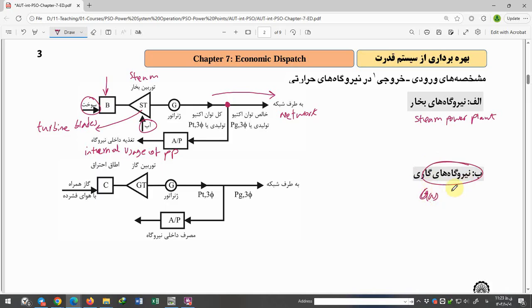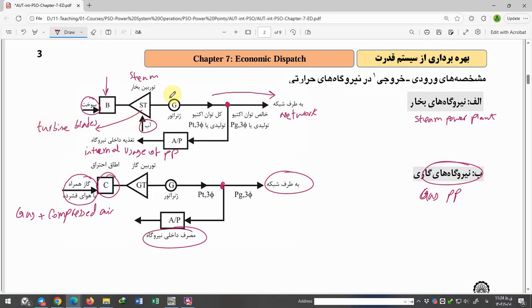In a gas power plant, the gas with compressed air in the combustion part makes the turbine turn, and after that the generator generates the active and reactive power to the network, and you can give a connection to the internal use of the power plant.